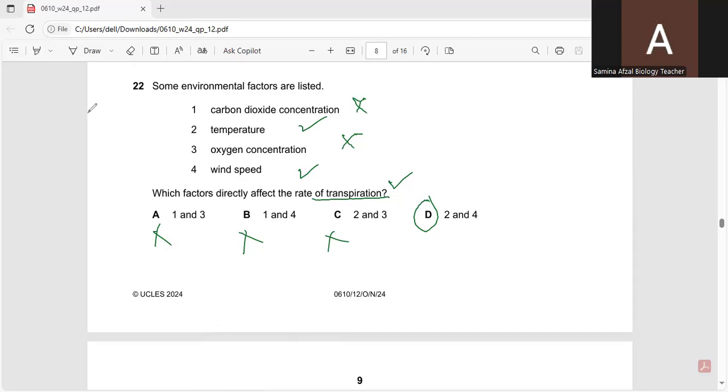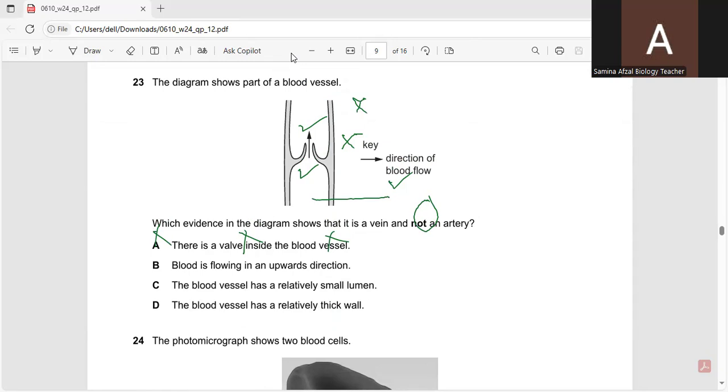Now we are moving towards the next question, question number 23. The diagram shows part of a blood vessel. You can see the blood vessel here. Students, they have asked which evidence in the diagram shows that it is a vein, not an artery.